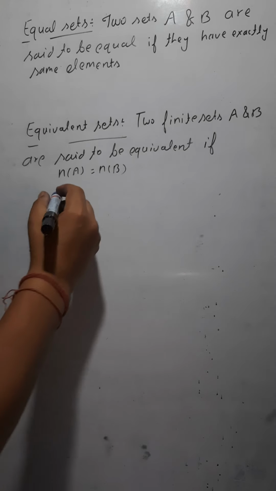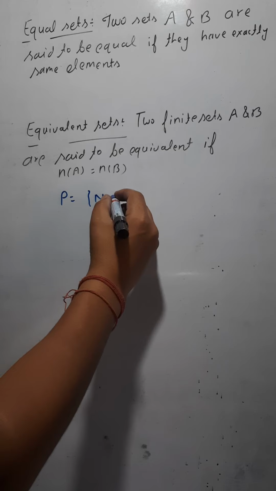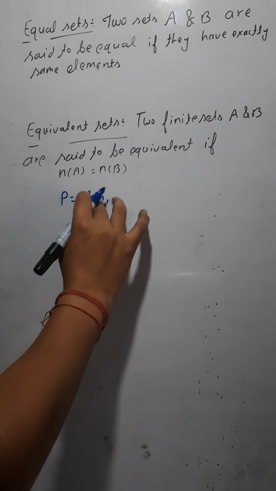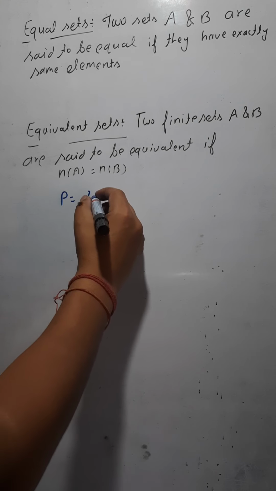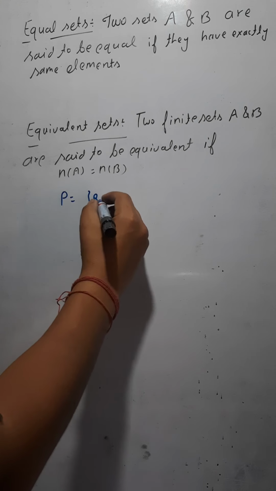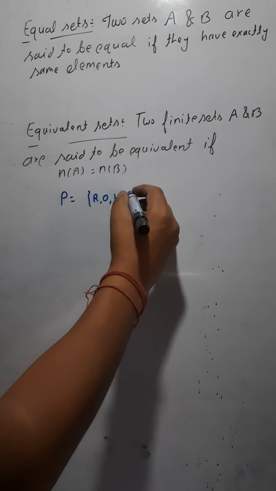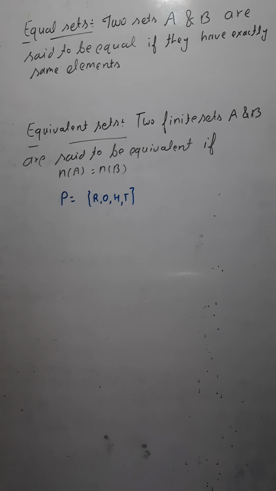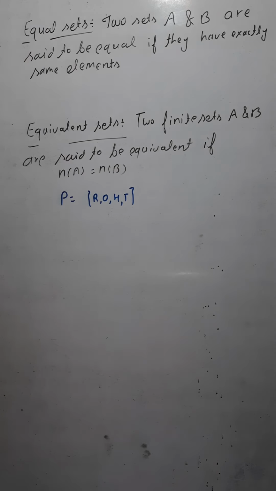Let's say we have a set P which has some elements, for example R, O, H, T. So these are the elements of the set P. Are you getting this?